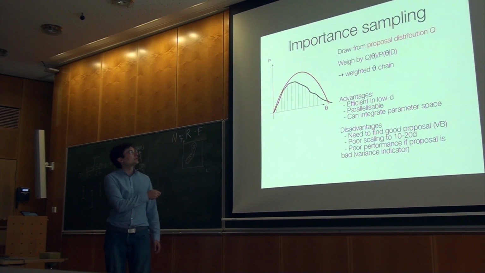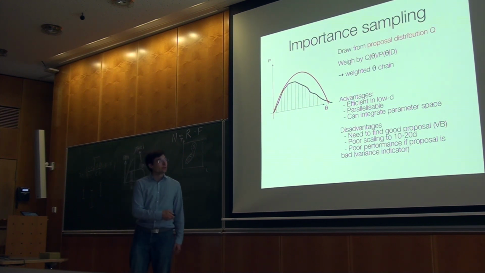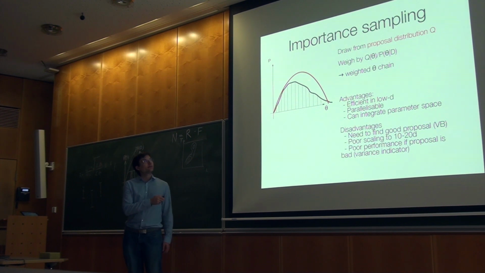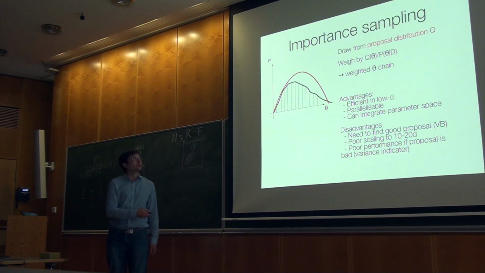So you have this proposal distribution Q, and then you draw according to this proposal distribution, and you weigh your samples by the ratio of the densities between those two distributions. So you will get more samples here, but you will correct for that by the weight. And so you'll get a weighted chain, which you can then reweight if you want.